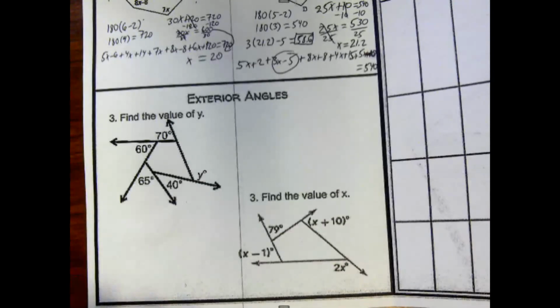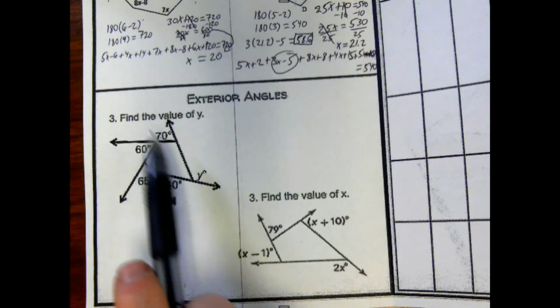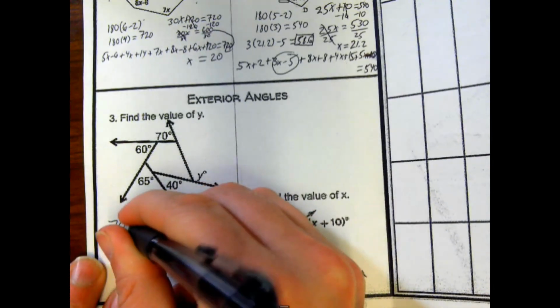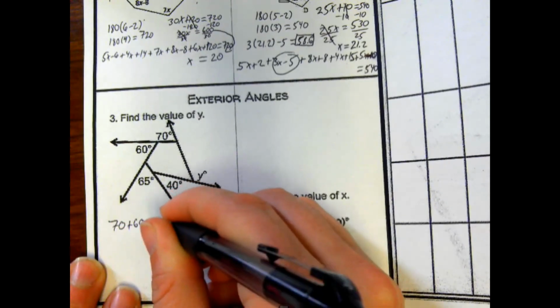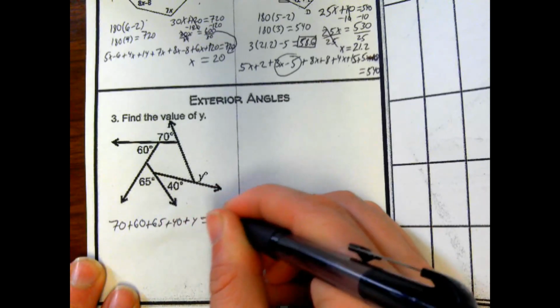Okay, here, let's do some stuff with exterior angles. Now, here we want to find the value of y. Now, remember, exterior angles of a polygon always add up to 360. So I know that 70 plus 60 plus 65 plus 40 plus y equals 360.